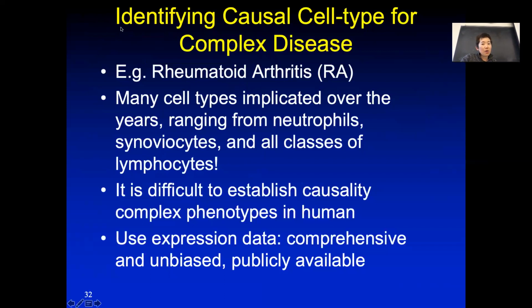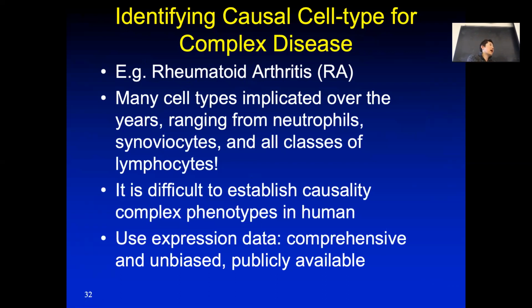And you can use it for a number of different purposes. For example, you can use it to identify the causal cell type of some complex disease. Rheumatoid arthritis is some kind of an immune disease. Many different cell types have been implicated over the years. People don't know what cell type is relevant.